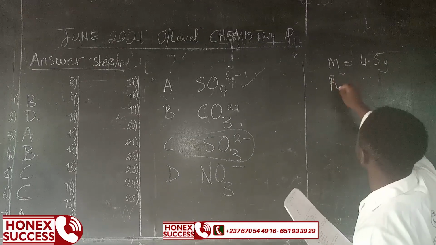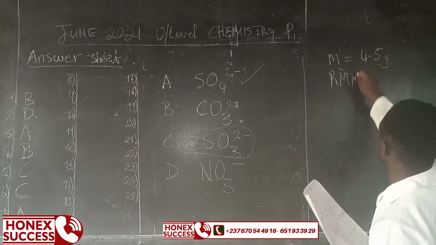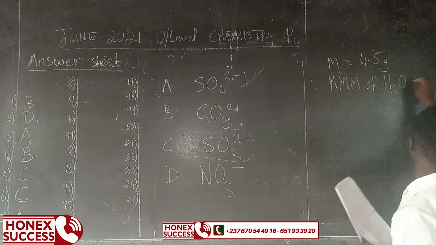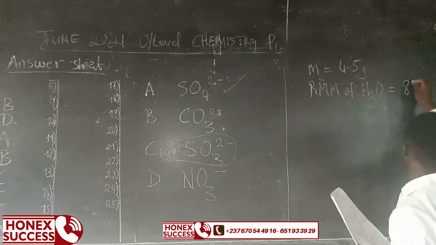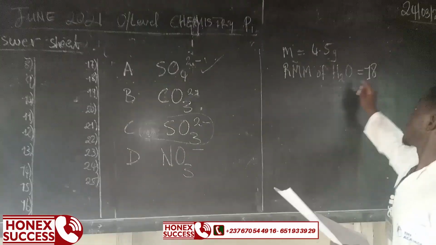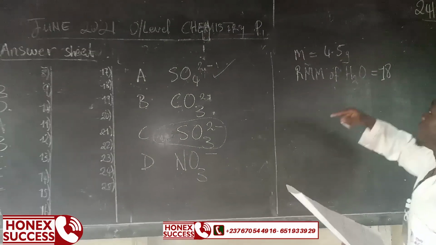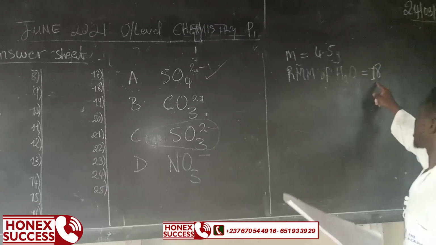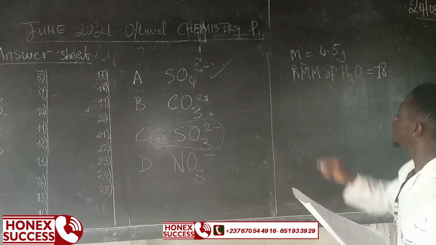And we know that the relative molecular mass of water is 18. This 18 was given in the question as the relative molecular mass of water. That's why we are using it.